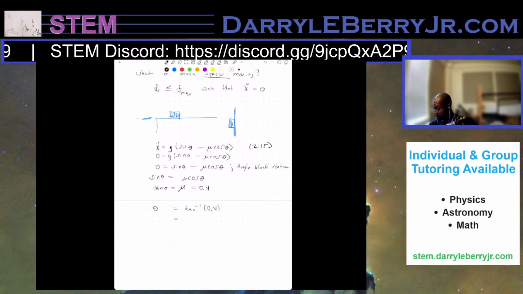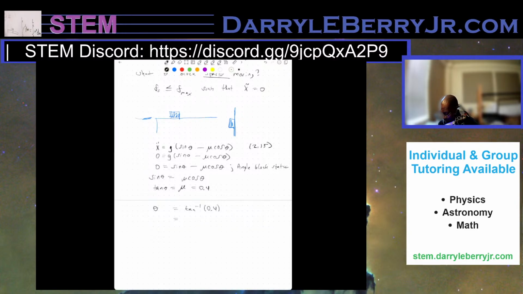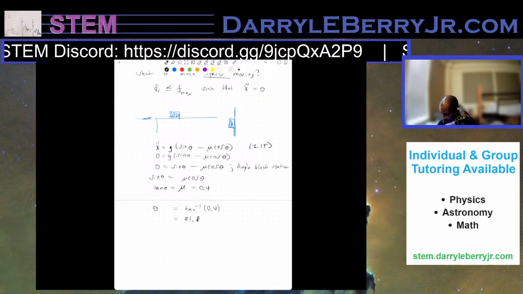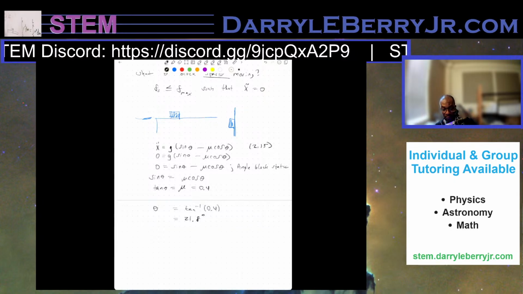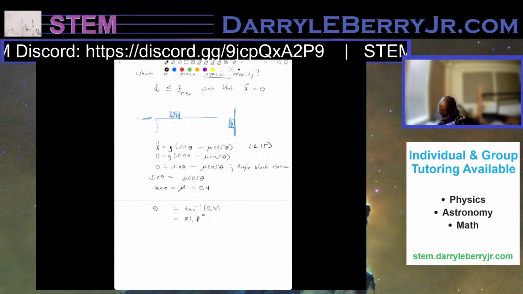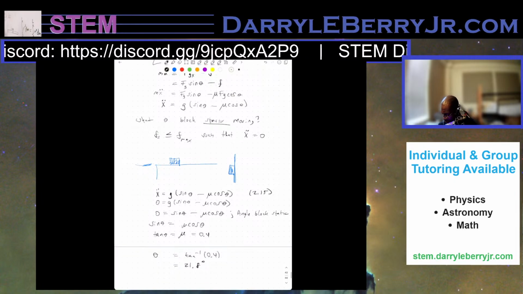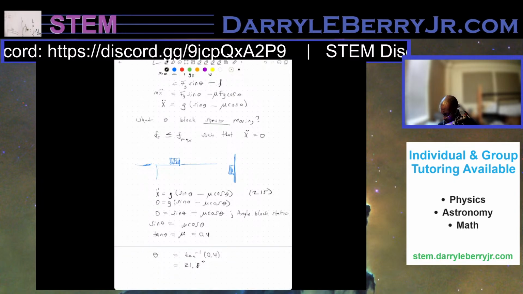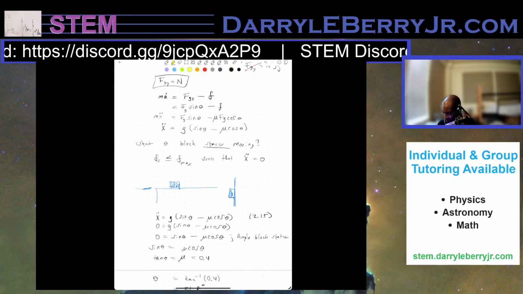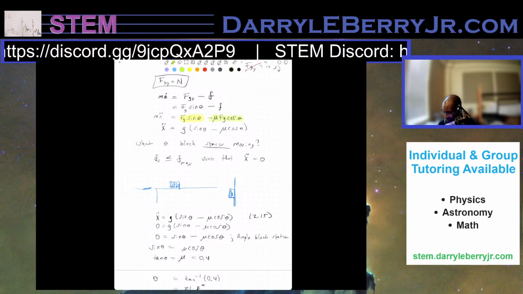So that equals 21 degrees. So at this angle, acceleration is 0, which means that at this angle, the downward force due to gravity balances the upward force due to the friction.